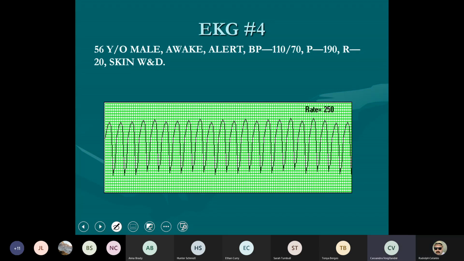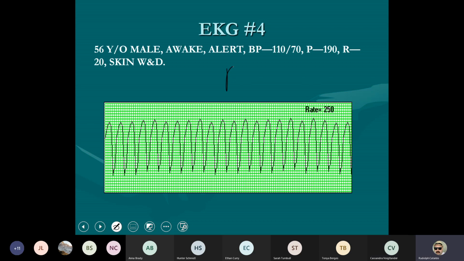I mean, it looks like the polymorphic ventricular tachycardia. You're really close, but not there yet. It's a part of VTAC, but not polymorphic.